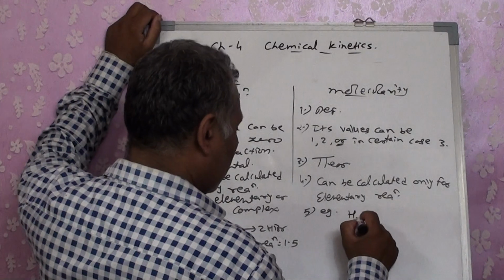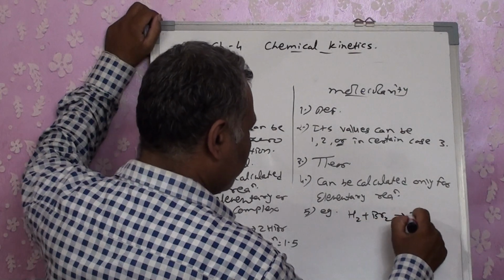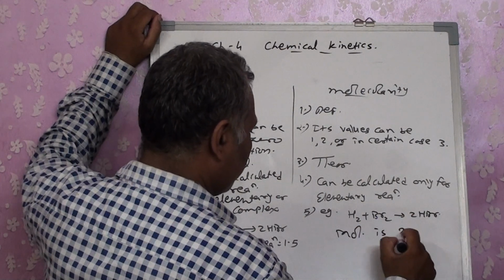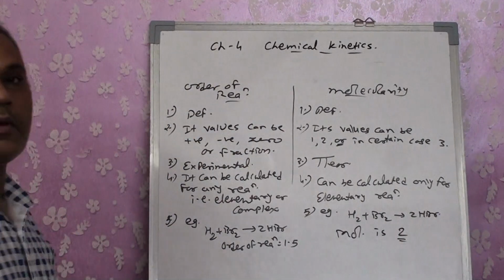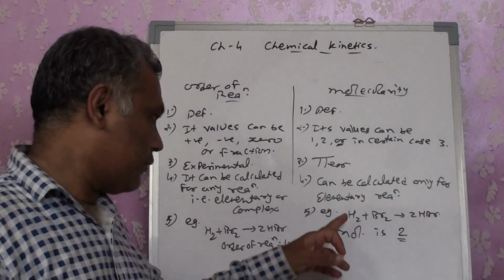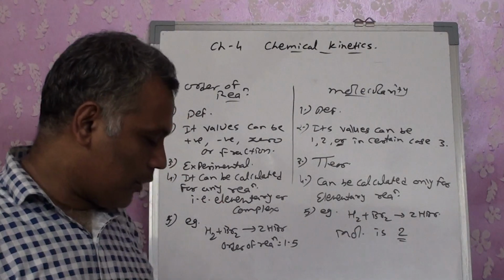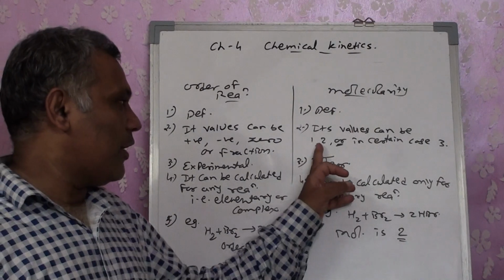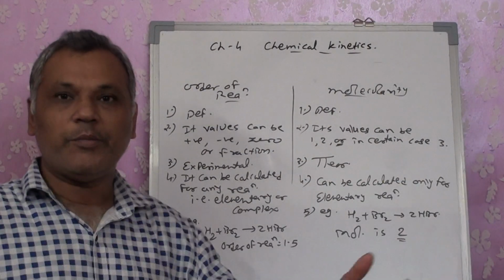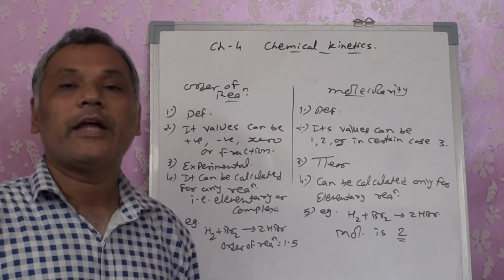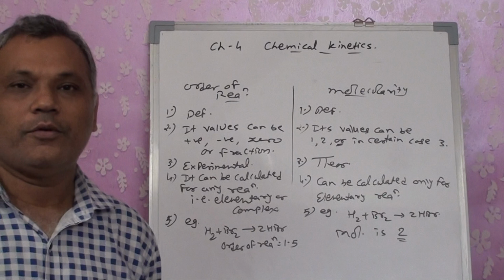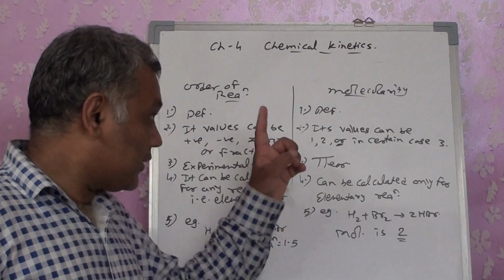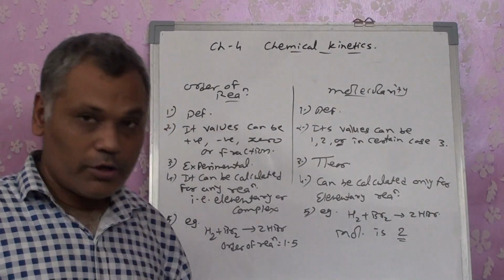Whereas for the same reaction, molecularity is 2, that is 1 mole of H2 and 1 mole of Br2. But you know that the values can be 1, 2 or 3. Don't take it as a big reaction and say that its molecularity is so; that reaction won't be completed in one step, so in that case you can't calculate it. So that is related to the order of reaction and molecularity.